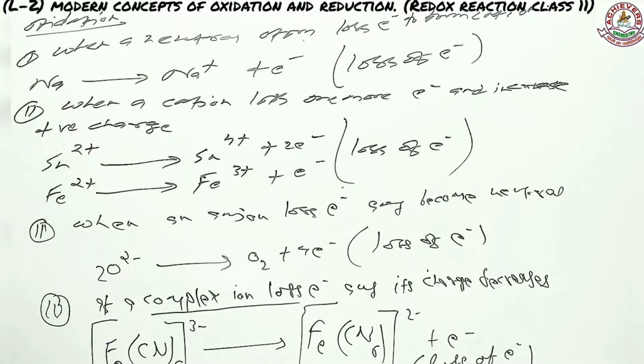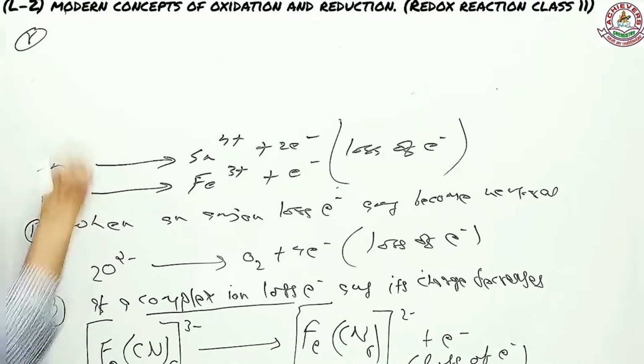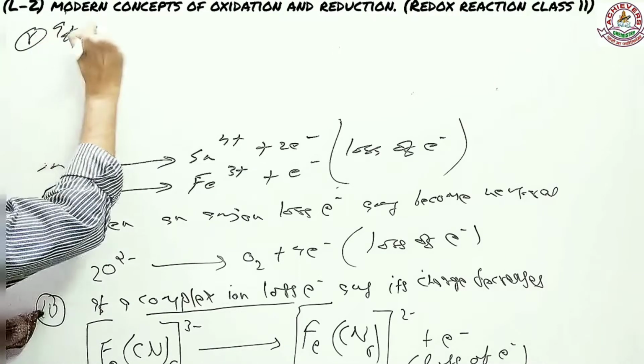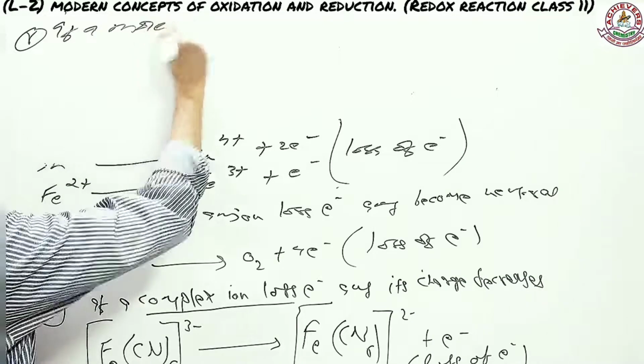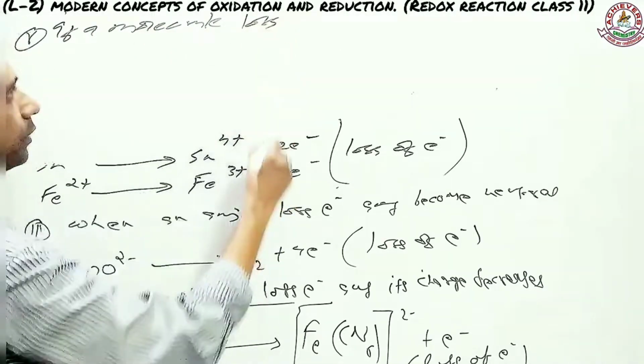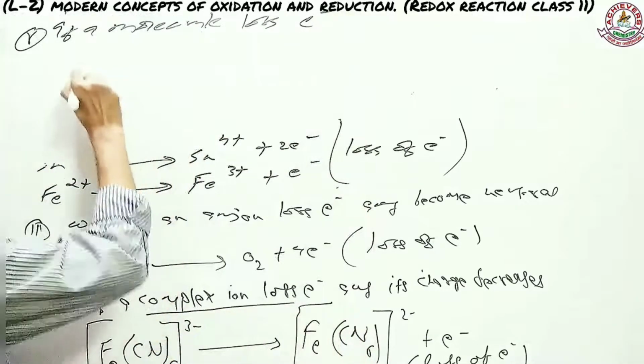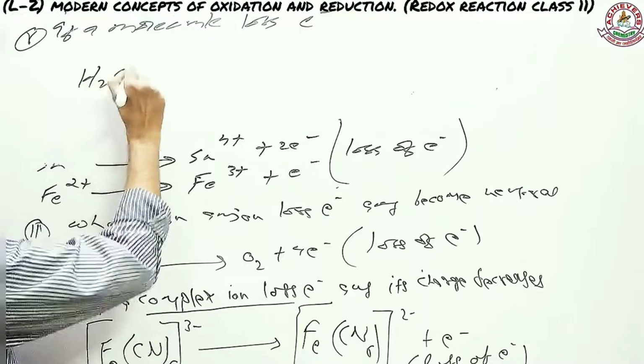So these are 4 of the definitions I have. There's one more I want to do, and then I will do the reduction. The fifth one says, if a molecule loses electron, it is also called oxidation. Let's take here H2O2.